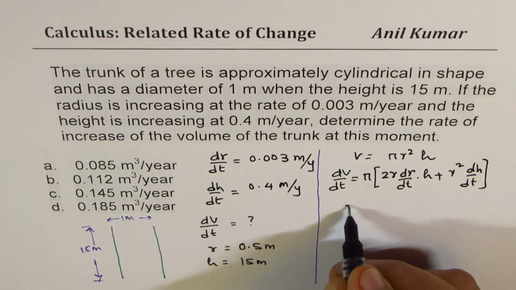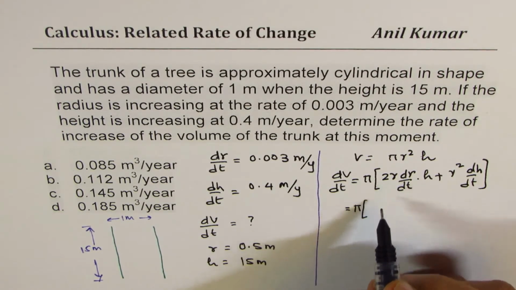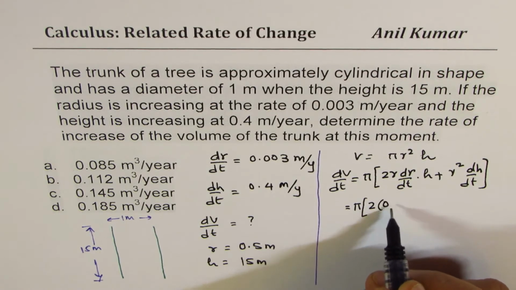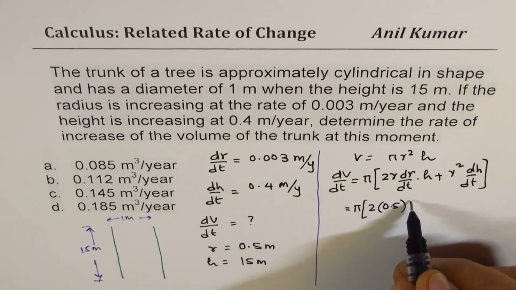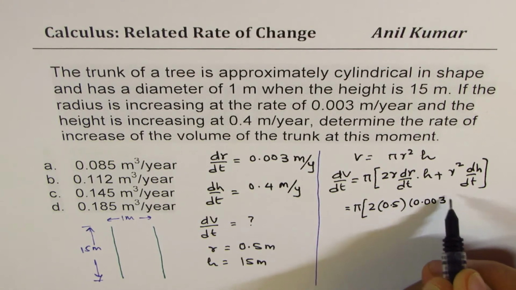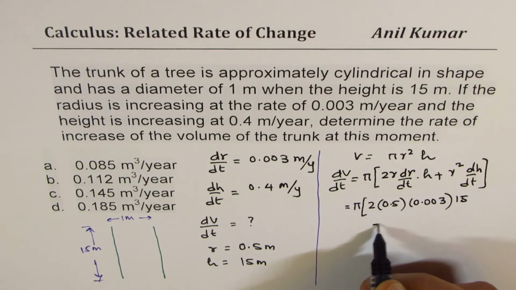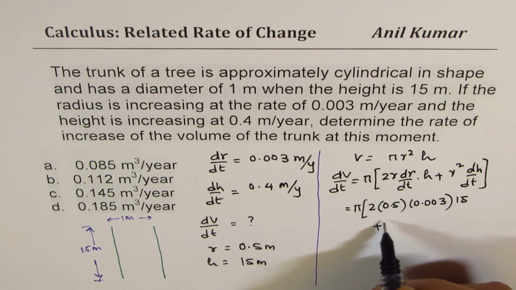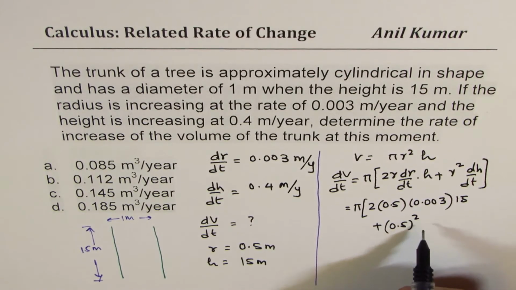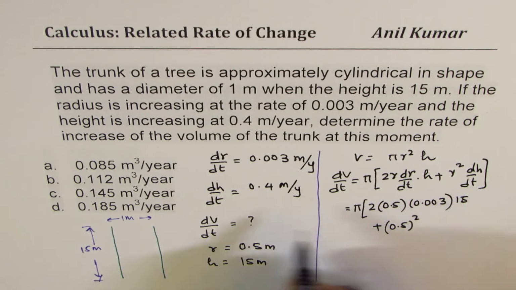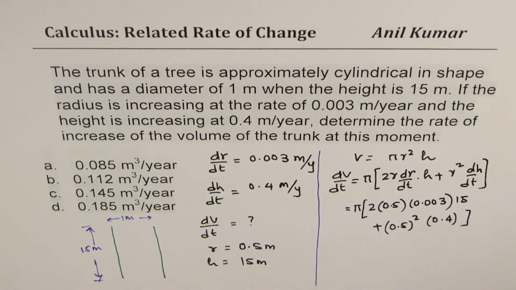So dV dt is equal to pi times 2r, that means twice, radius is 0.5, that becomes 1. dr dt is 0.003 times height, which is 15, right? Plus r square means 0.5 square times dh dt, which is 0.4. Right? So let's calculate all this.